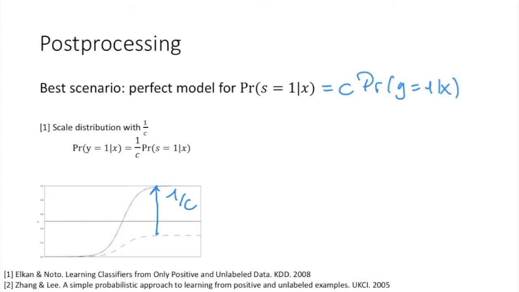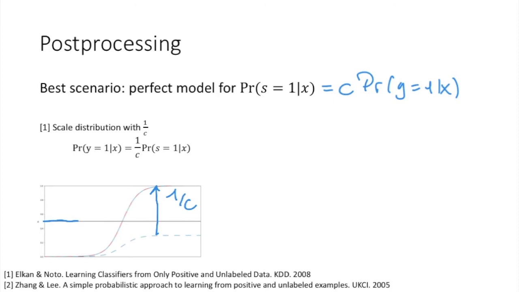But maybe we're not interested in knowing the entire distribution, but we are just interested in knowing which examples would be classified as positive and which ones would be classified as negative. This we could see by looking at the probability line of 0.5.